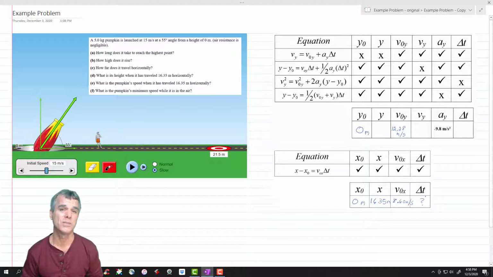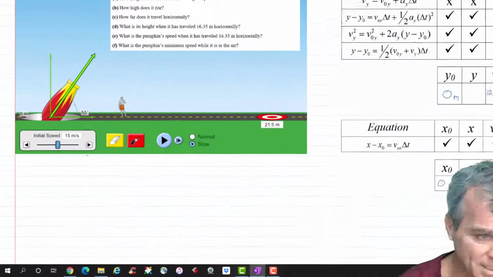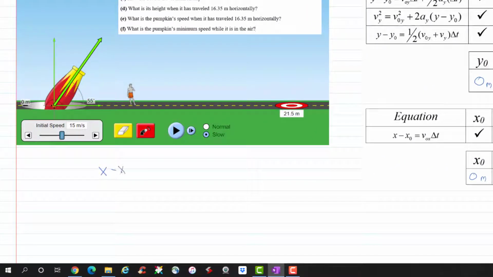Again, in the x direction, there's only one equation. It just is x minus x naught equals v naught x times delta t. My initial position in the x direction is 0, so what I get is x equals v naught x times delta t. Solving for the elapsed time, we get delta t equals x divided by v naught x. So 16.35 meters divided by 8.60 meters per second.